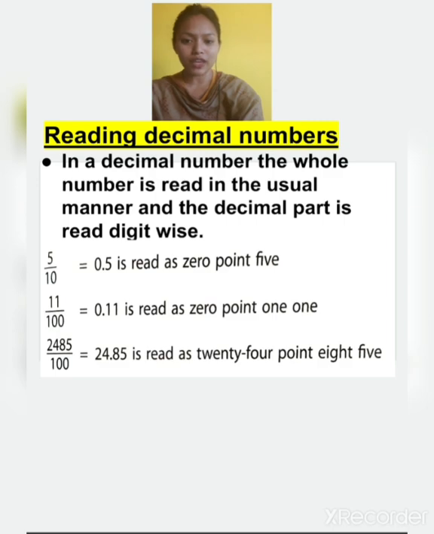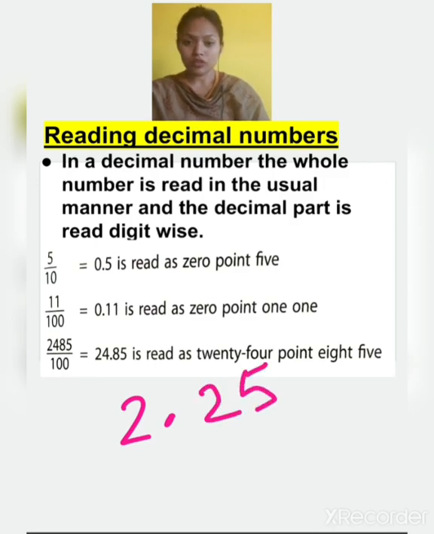So if we have 2.25, how will we read this? We will read it as two point two five.